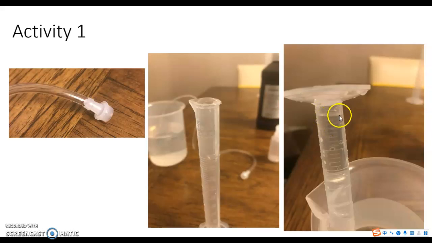You can also just record whatever amount of the gas as your initial gas volume. Here, the large marking is 1, this is 2, this is 3, and the smallest marking is 0.2 ml. So here I have about 0.4 ml.